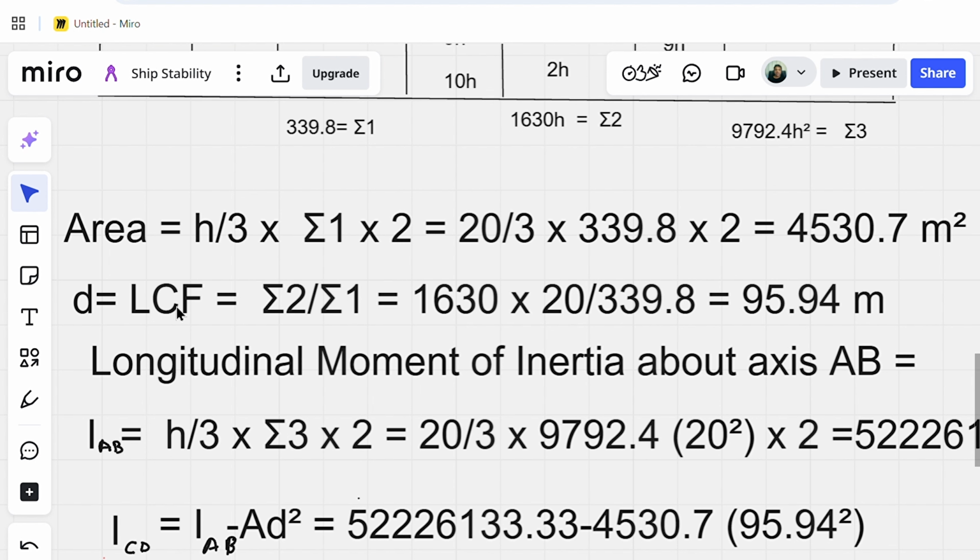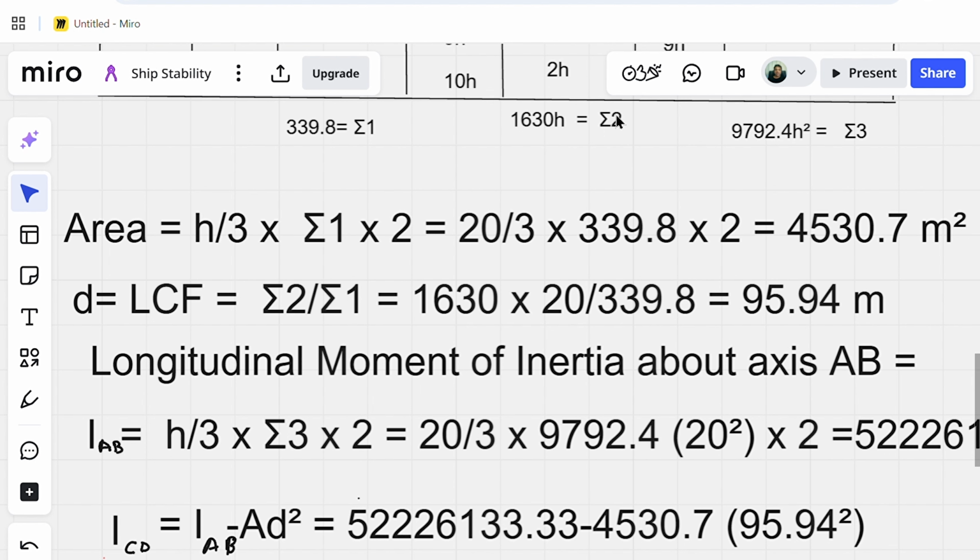Now in order to get the location of center of flotation, since we have taken moments from half perpendicular, I can straight away get LCF. LCF is longitudinal center of flotation, the distance from the half perpendicular, which will be simply moment function divided by area function.